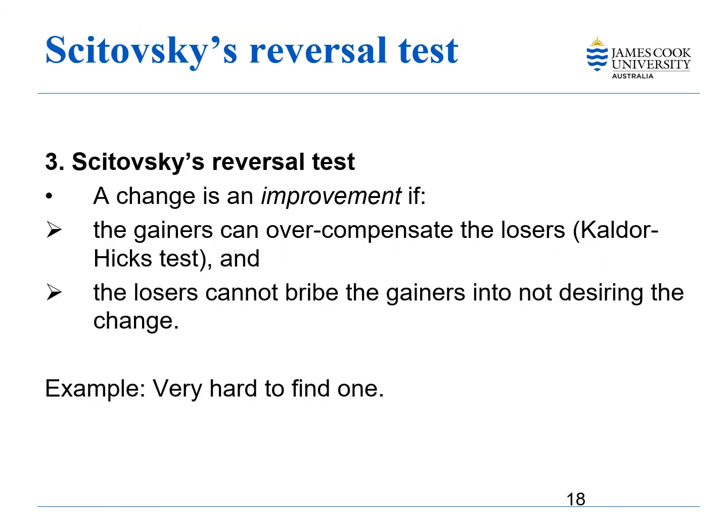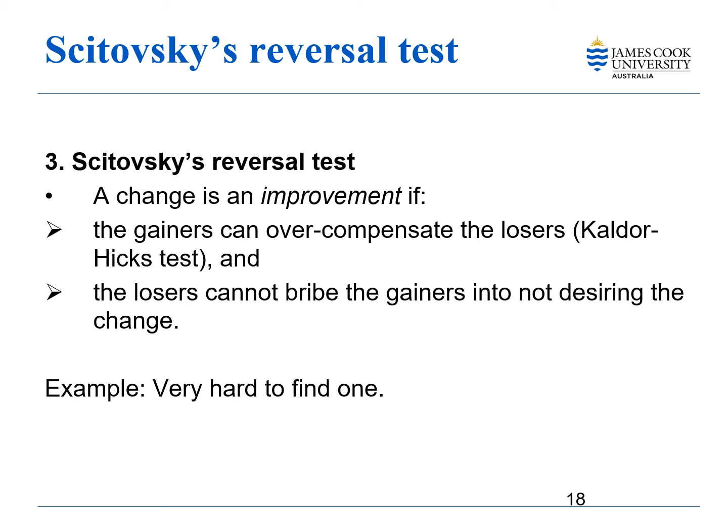Okay, right. So let's add one more condition on this Kaldor-Hicks criteria. Then we get what is called Scitovsky's reversal test. It says that a change, a project, a policy is an improvement if the gainers can overcompensate the losers, that is, it passes the Kaldor-Hicks test.